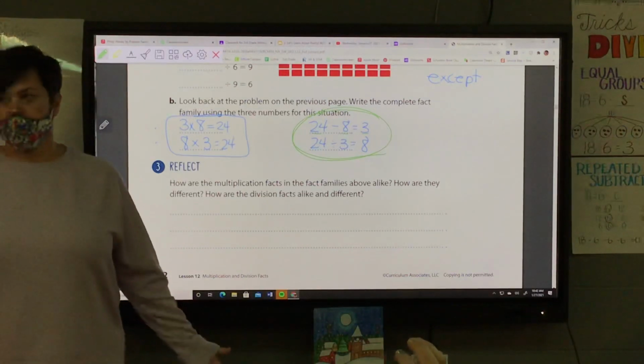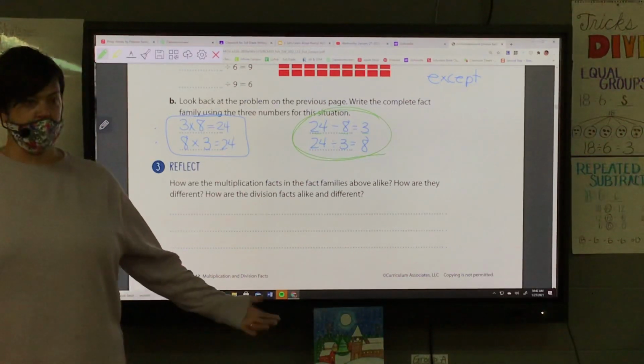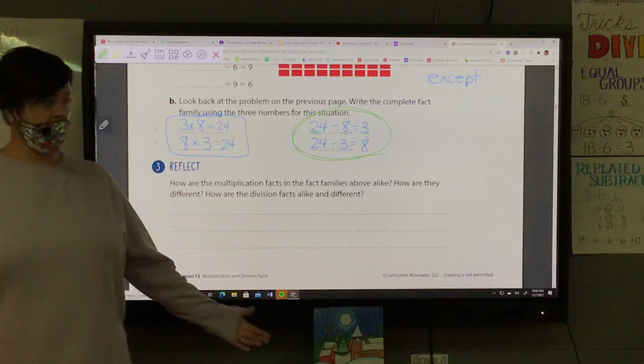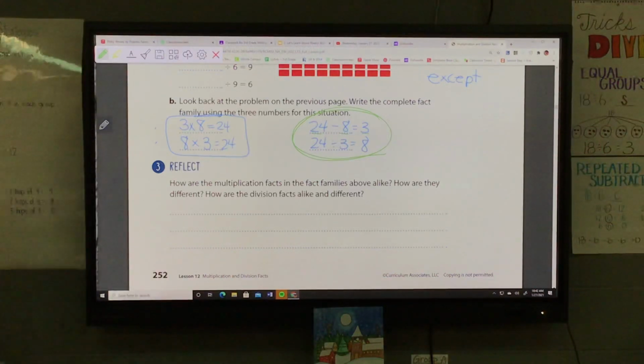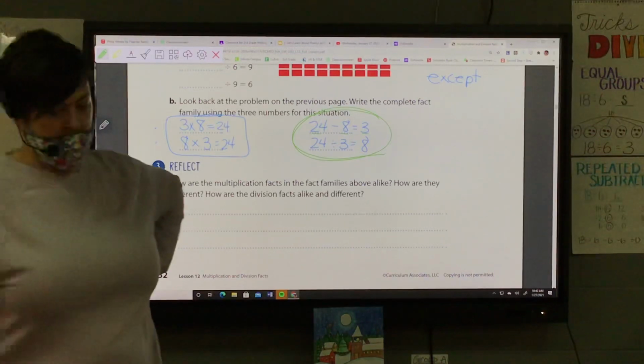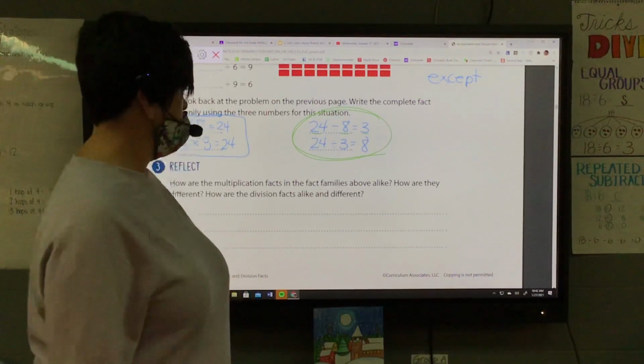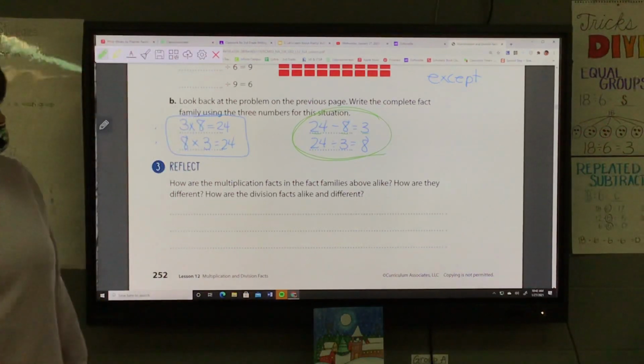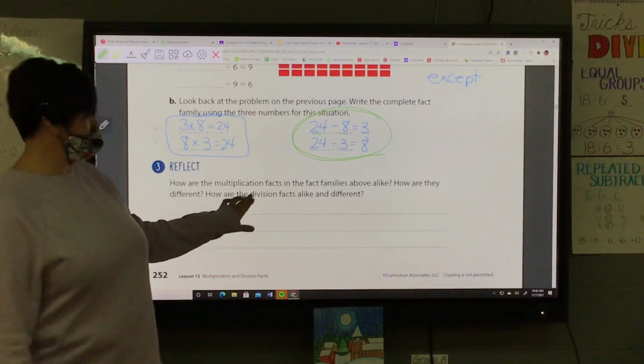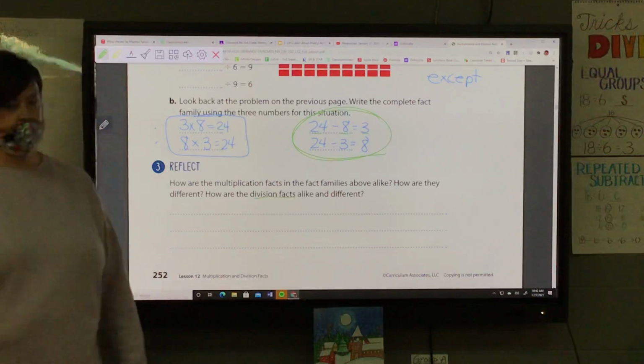Could we write that down? Yeah. All three numbers are the same? Okay, let's jot that down. Miss Sophie, could you write they're both division ones? Well, no, because that's what we're describing.